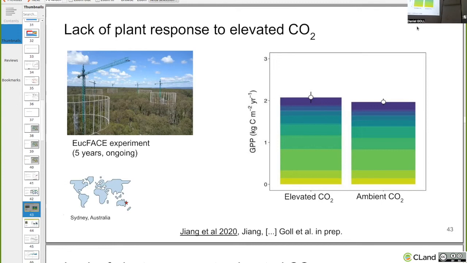This is also true for net primary productivity, which I'm not showing here. We're doing a modeling exercise where we could show that it could be related to phosphorus. However, we're not yet sure whether it's really the mature state of the ecosystem which limits the CO2 response or the phosphorus constraint. That's why they are now starting a phosphorus fertilization experiment there.